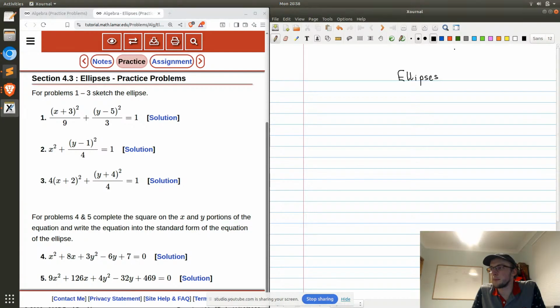And it's of the form x minus h all squared over a squared plus y minus k all squared over b squared equals 1. That's the standard form. And it has two foci. And that's about all I can summon into my mind about it right now. Oh yes, it's a conic section.